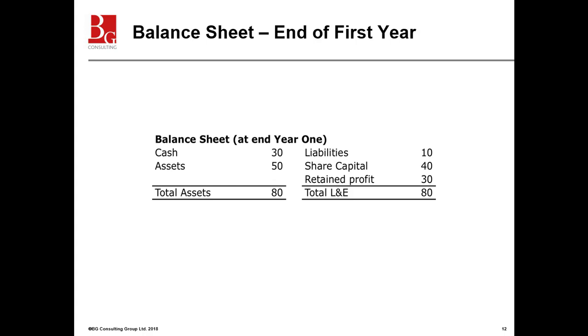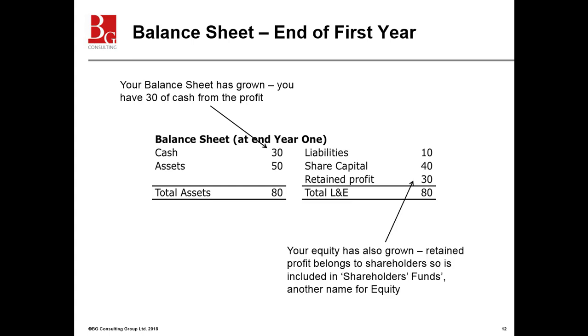So let's look at our revised balance sheet at the end of the first year. We now have cash that we didn't have before, 30 of cash, which is from the profit. The equity has grown because the retained profit belonged to the shareholders, and so it's included in these shareholders' funds, which we saw earlier is just another name for equity.